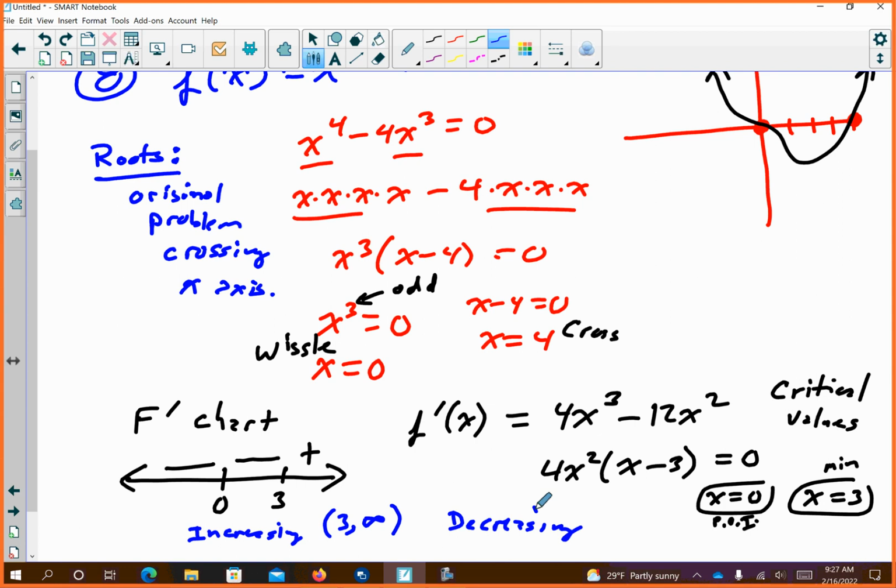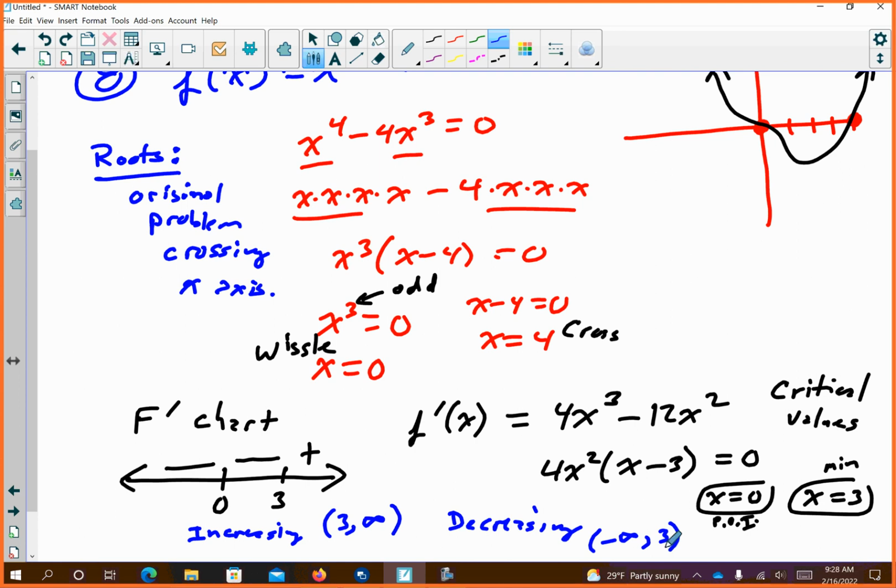So it's decreasing. We have a negative slope to a positive, but it stayed negative. So it's decreasing from negative infinity because it stayed negative all the way through, all the way to 3. And then exactly at 3, that becomes a local min. Local min means that we're going to change direction going upward.